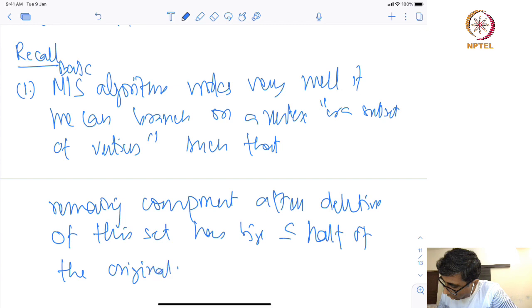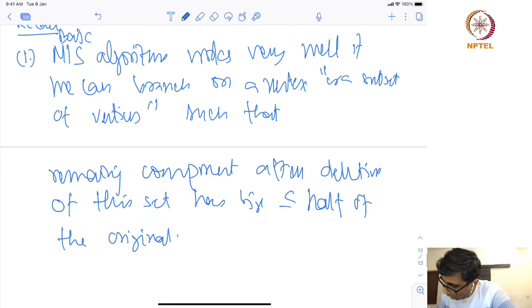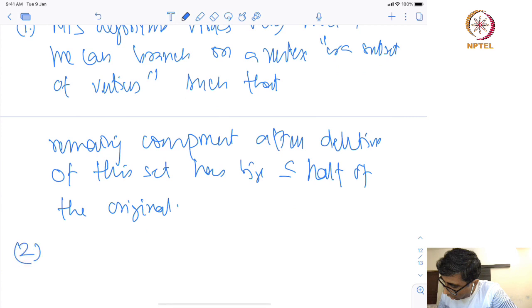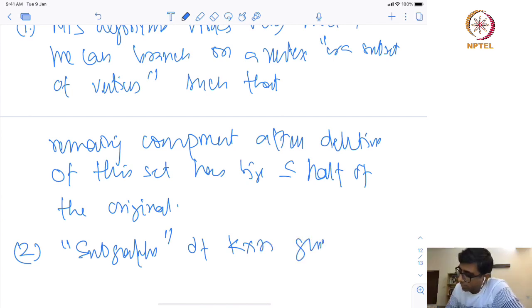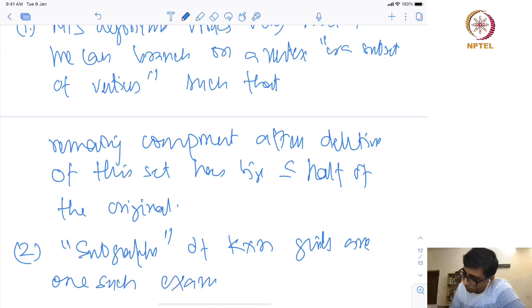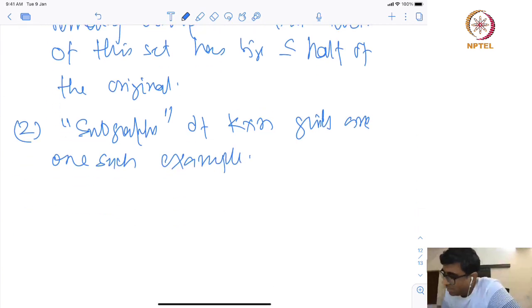This is what we saw first. And secondly, we saw that subgraphs of k cross n grids are one such example.